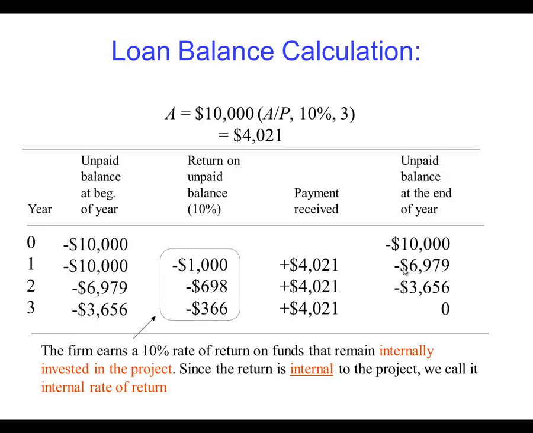You can check the annuity calculation using a principal amount of 10,000 with a rate of 10% over 3 years, which would result in an annual payment of 4,021, to make sure that this is the right amount that we calculated, or this is the right rate of return, which is the 10%, which was stated in the previous slide.